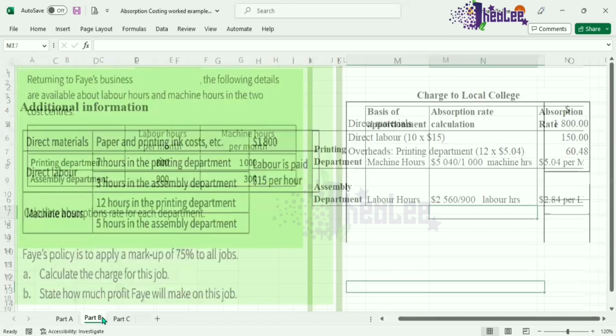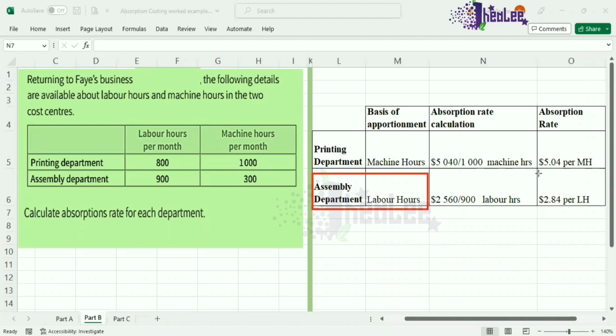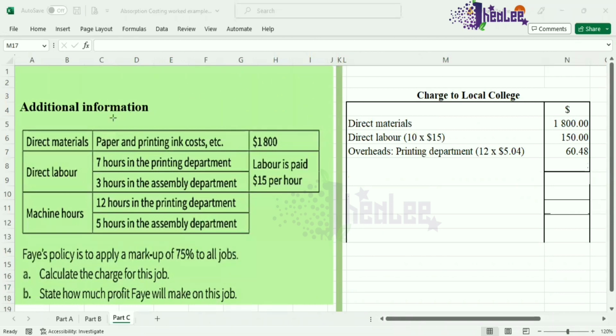And again, the assembly department uses labor hours, and the overhead absorption rate associated with the assembly department is $2.84 per labor hour. So we're going to move over to part C and pick up the number of hours associated with the assembly department.